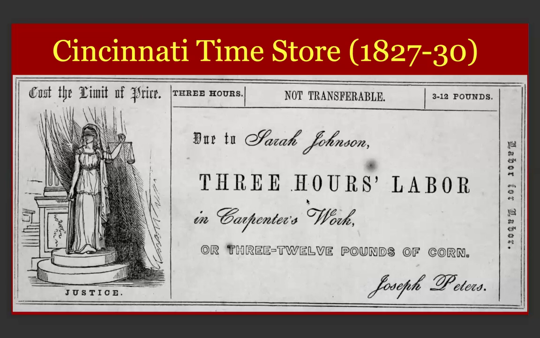Because what happens if Sarah never needs the carpenter's work? Maybe she will need a chair in 10 years from now. Some people in this community will produce things that you only need once in a while. So in case she doesn't need a carpenter's work, she can also ask Joseph Peters for 3 1/2 pounds of corn.